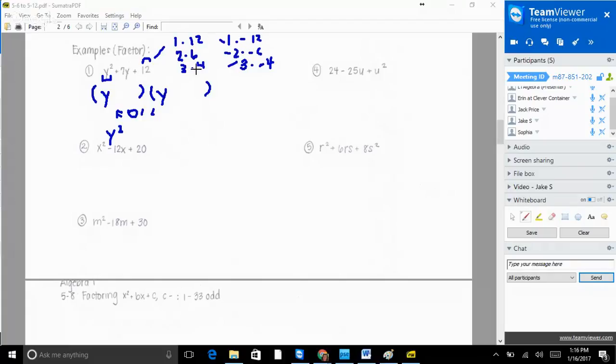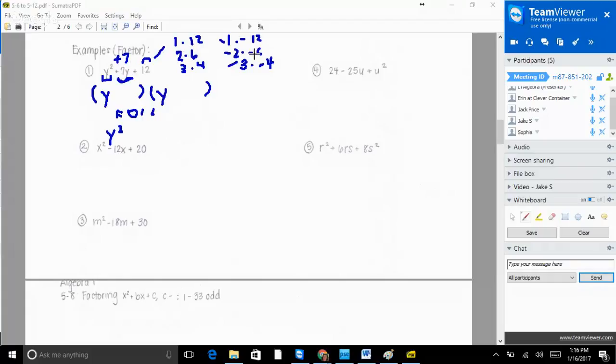So any of these combinations could go in my last. And this is where the puzzle part comes in. You could sit there and plug each of these in, do it 6 different times and then FOIL and check to see which one works. That is one method, just a very time-consuming method, right? Or you can look and say, oh, in the middle I'm trying to get positive 7y, so I'm really just looking at the positive 7.